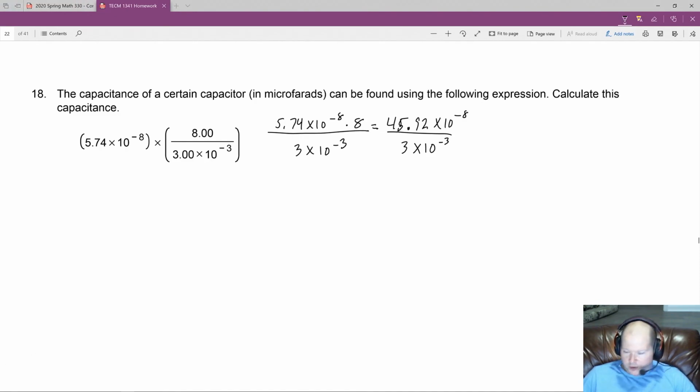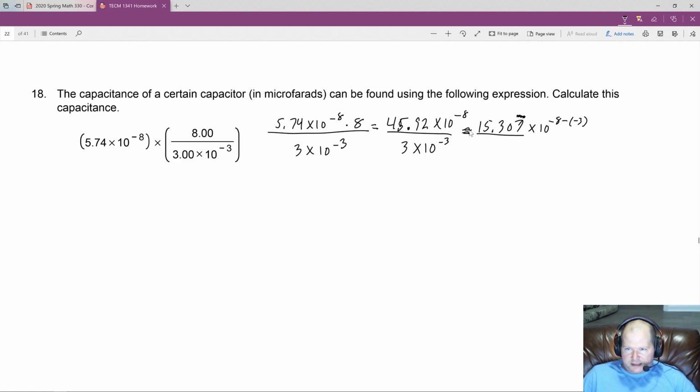We have about 15.307. This is approximate. This is repeating. That'd actually be a 6, but anyways, the point being is that this is not exact. This is an approximation, and that we're going to end up with times 10 to the, we have a negative 8, and we're going to subtract the negative 3.